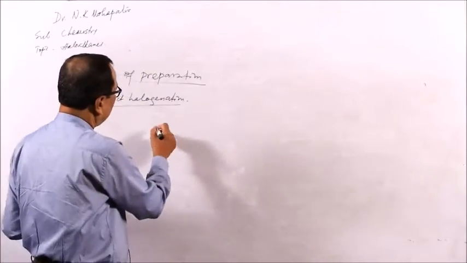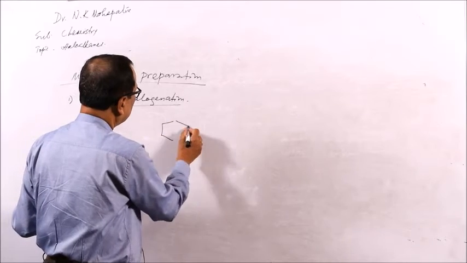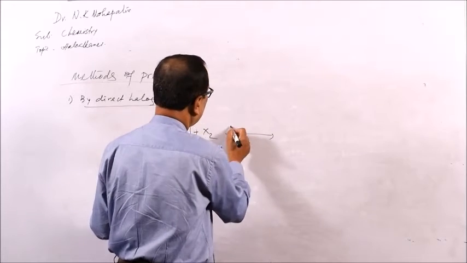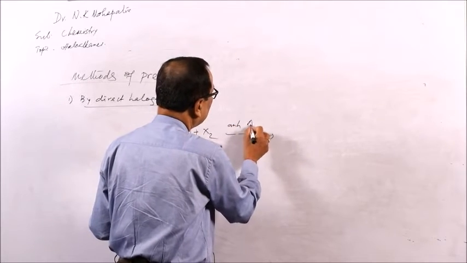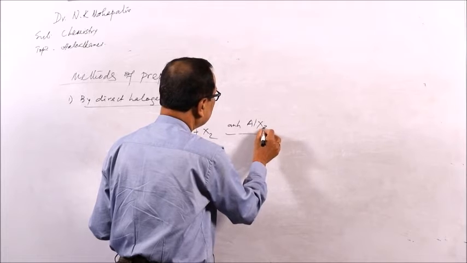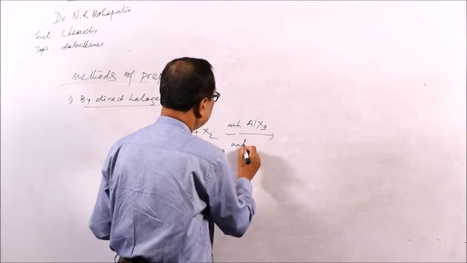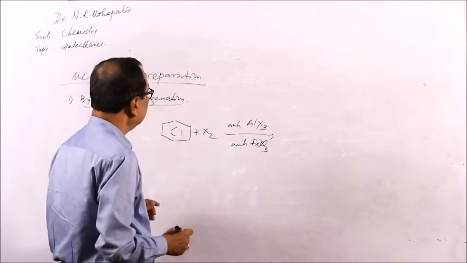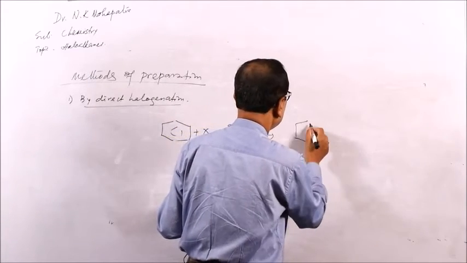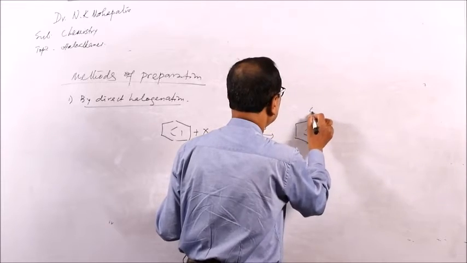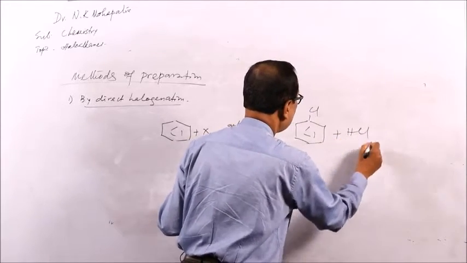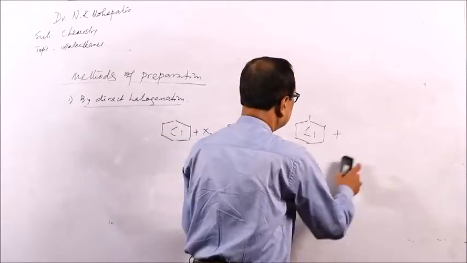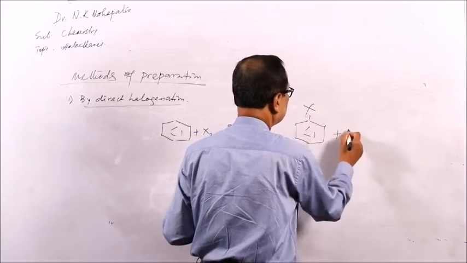That is, if benzene is treated with X2 in the presence of anhydrous aluminum halide or anhydrous ferric halide, we get aryl halide plus HX.